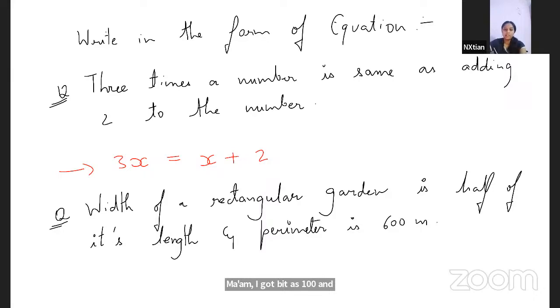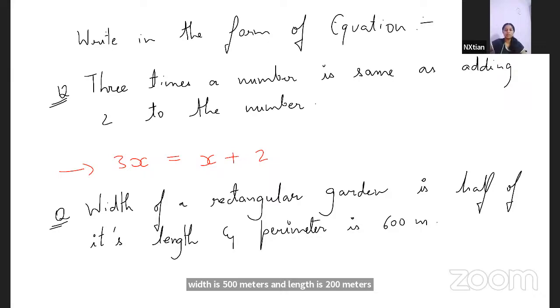Correct. What equation did you make? Ma'am, I used 2 into L plus B. Okay. And Samir? Width is 100 meters and length is 200 meters. Good.